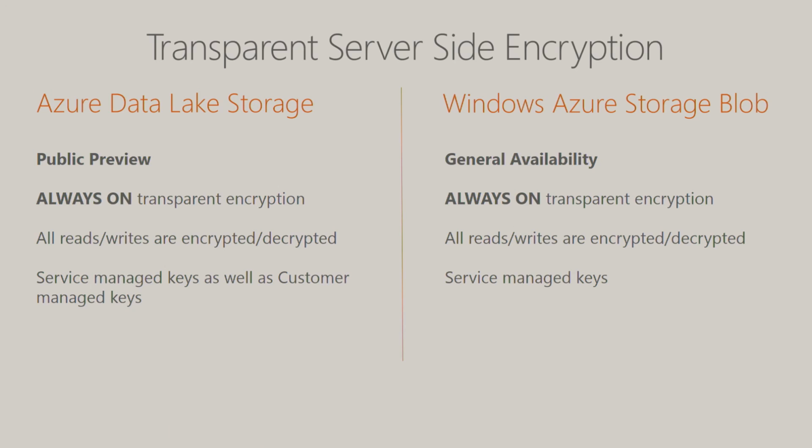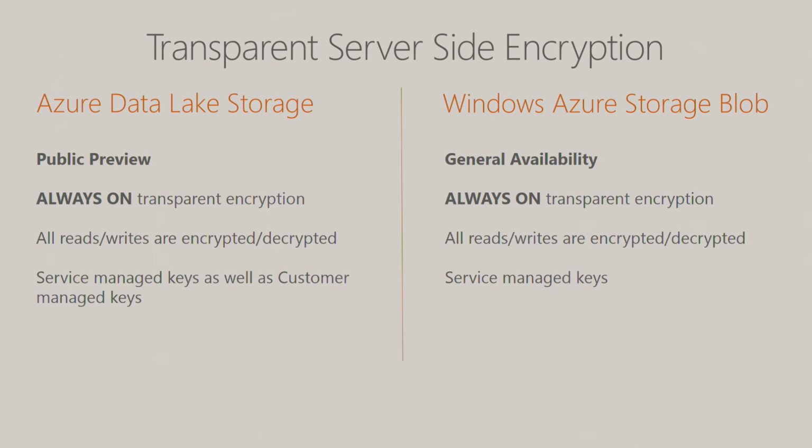The Azure Data Lake Storage, which I talked about, is in public preview right now. And the Windows Azure Storage WASB encryption became generally available just a week or 2 weeks back. There was a talk on this encryption at rest on WASB just yesterday afternoon.